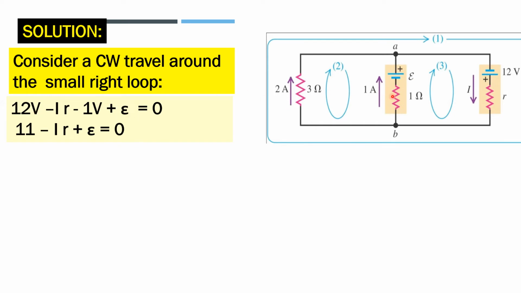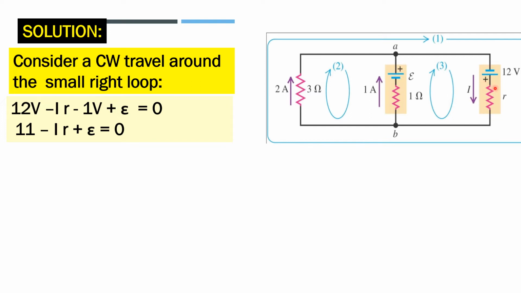As you continue with your travel, you're going to pass through this internal resistance of the battery, denoted by small r. Now, the unknown current that is assumed is shown by this arrow.